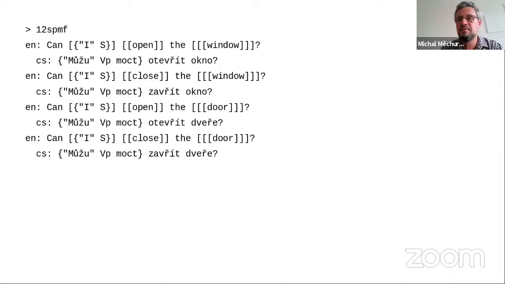For example, in a sentence like this, it makes sense to ask somebody, can you open the window? And it makes sense to ask, can I open the window or can we open the window? But it's not really very semantically plausible to say, can he or she or they open the window? So what I've done is I've created this kind of a processing instruction, which optionally can be located at the top of every cluster.